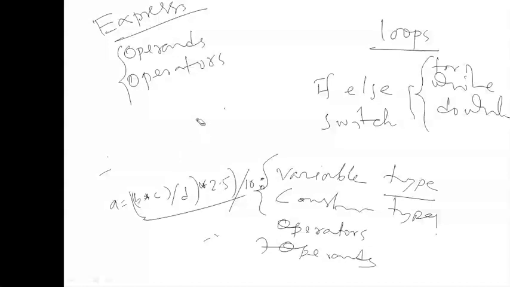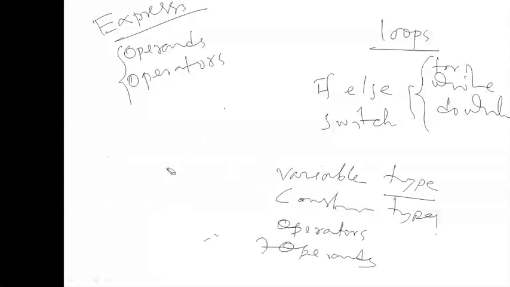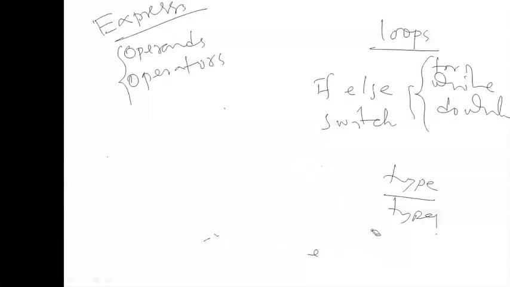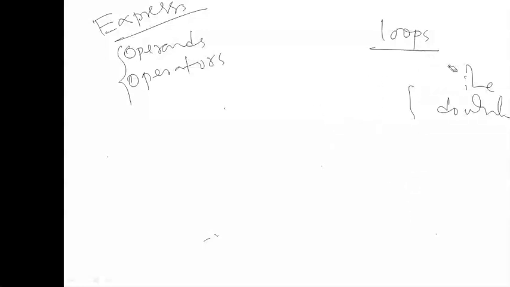You need to write your own expression and solve the problem. So this is called an expression. Here, based on the types of the operators, we classify the expressions in different forms.